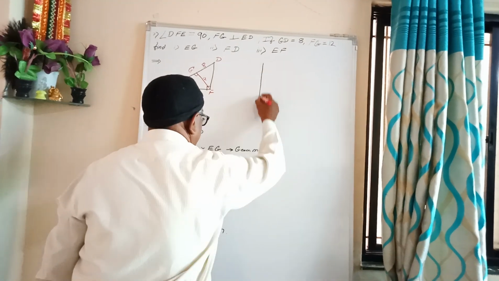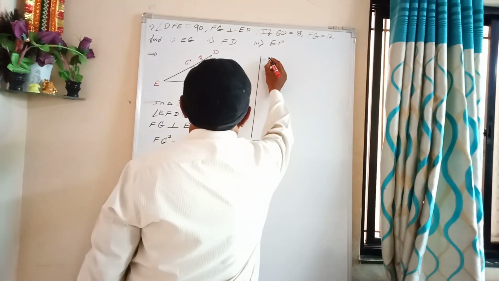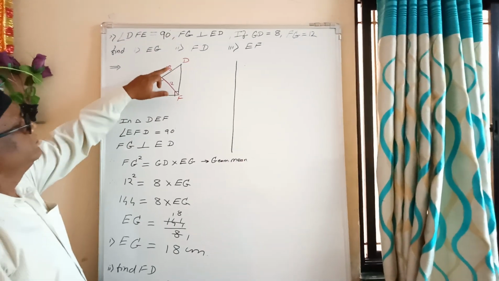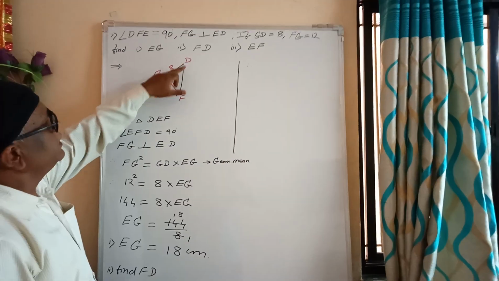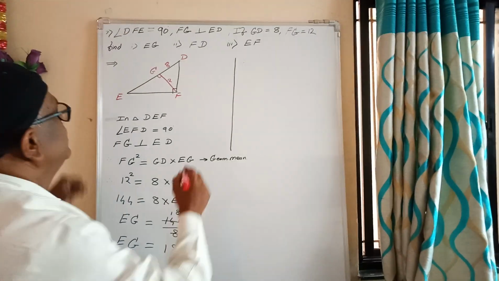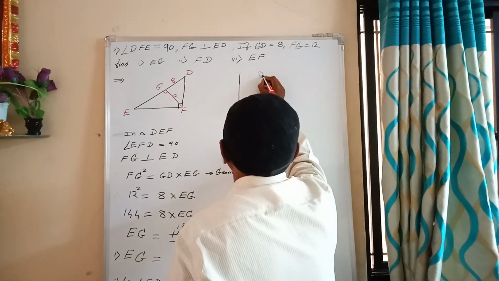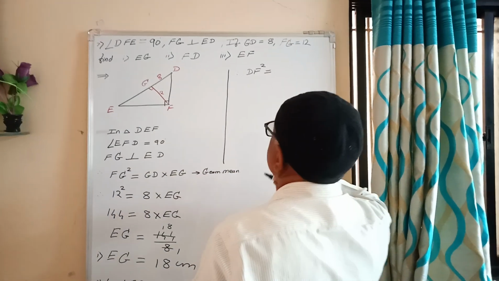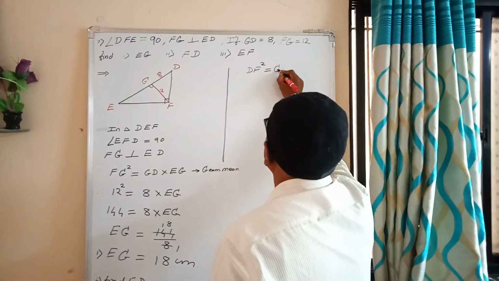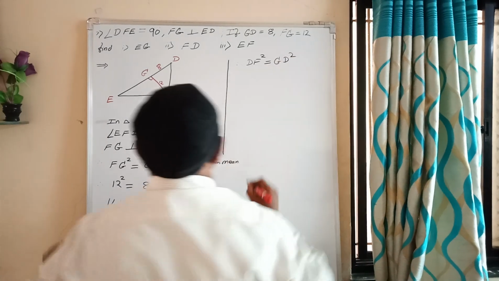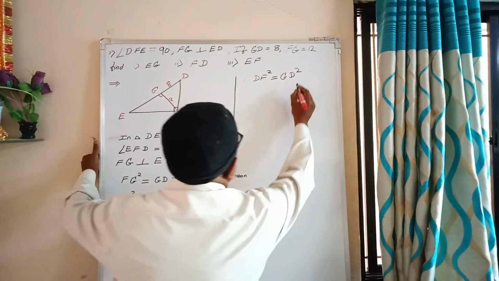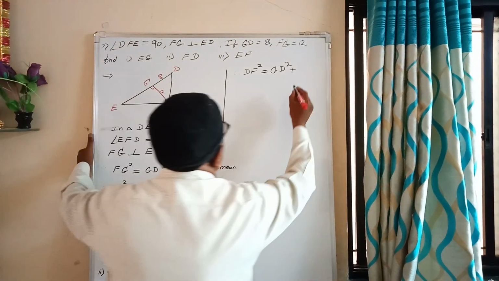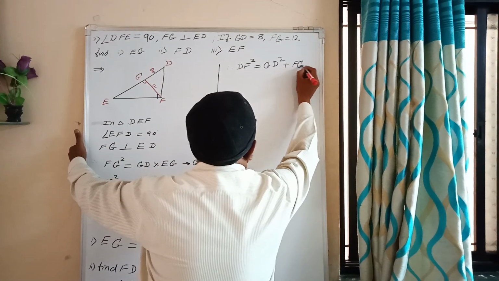Therefore, in triangle FGD, the hypotenuse is DF. DF square is equal to GD square plus FG square.